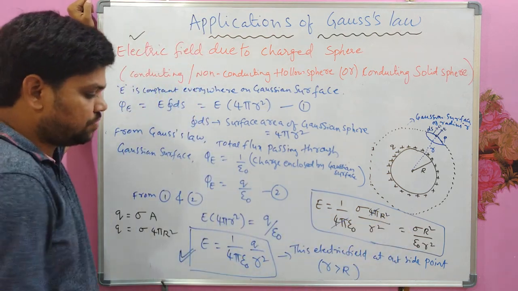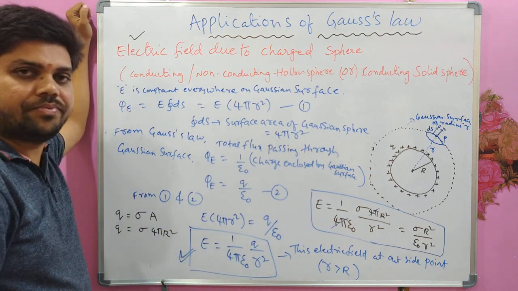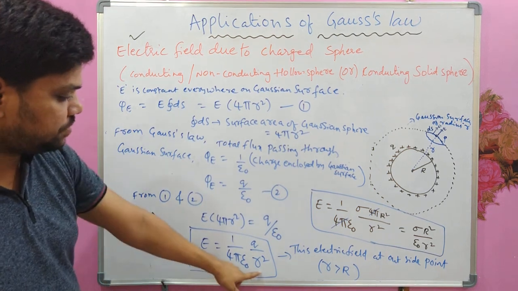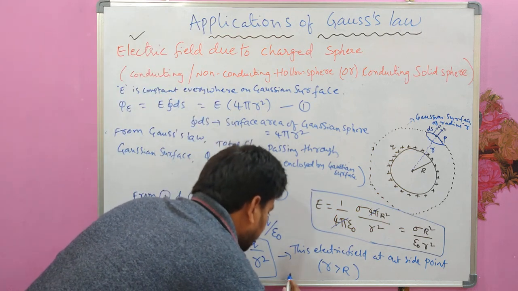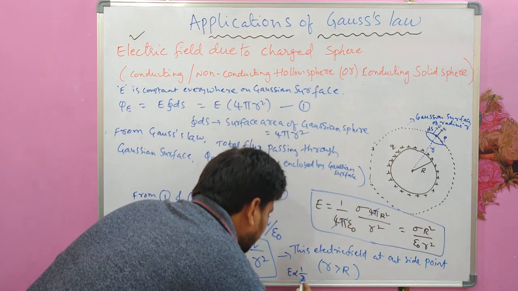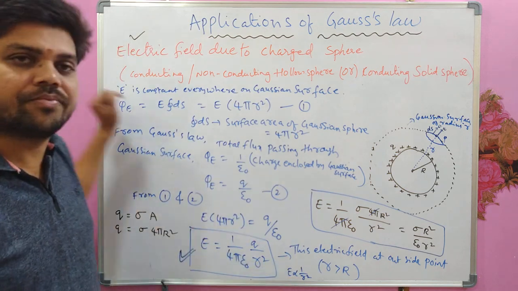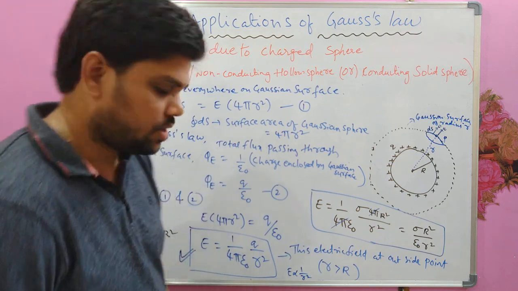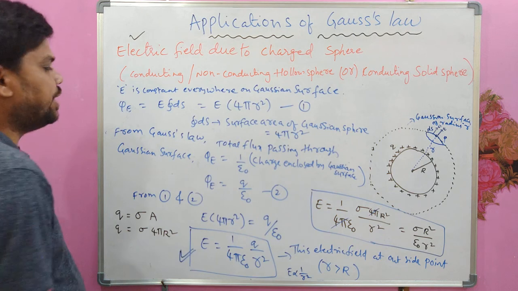And here what you have found is E proportional to 1 by r square. This is for the outside point. Now let us see a point on the surface and then a point inside.